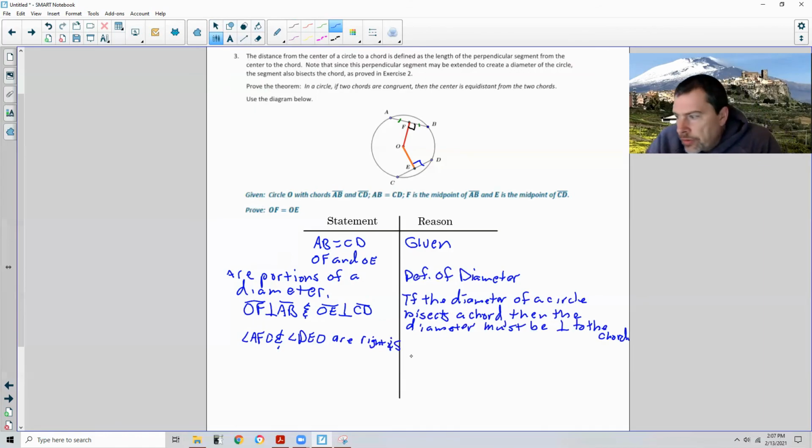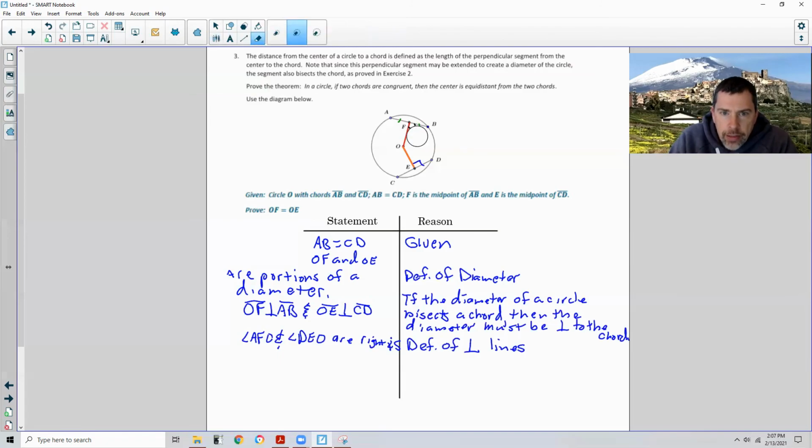And that's just the definition of perpendicular lines. So if two lines are perpendicular, then obviously we are forming right angles. I've got the wrong side labeled here, so let me fix that. Let's just label this side because that's what it said. AFO and DEO are right angles. Definition of perpendicular lines.